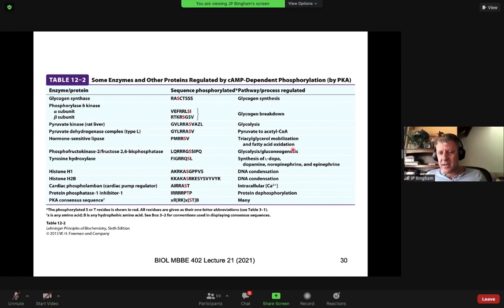Gluconeogenesis is when we're making glucose, but we can also utilize fatty acids, our triacylglycerols, mobilizing those to go through beta oxidation to produce more energy currency. We can go through cyclic AMP and have a double balance here, where we can promote glycogen synthesis with cyclic AMP, but we can also promote glycogen breakdown with cyclic AMP. So you can understand why we need a very close point of regulation and control.